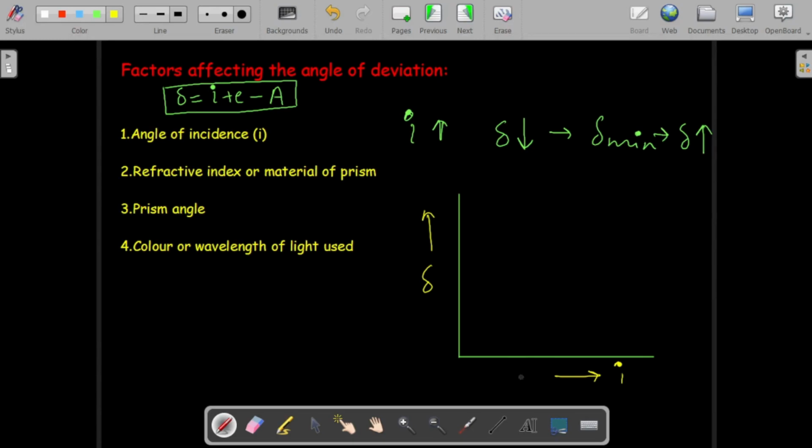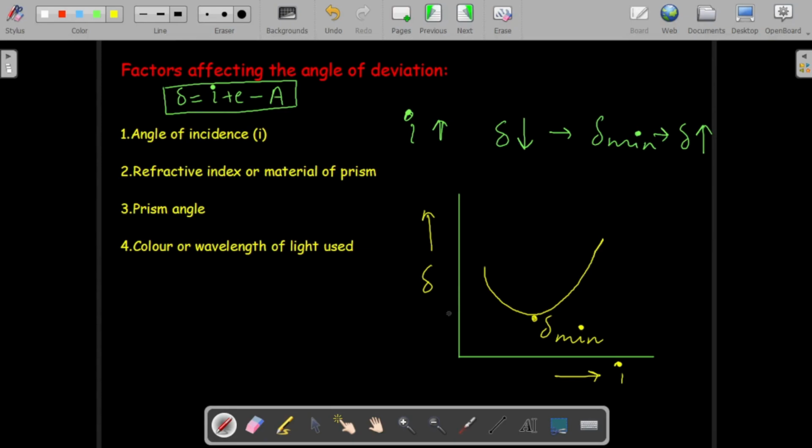If we start increasing I, the angle of deviation will vary something like this, and this is the point at which we will have the minimum angle of deviation. All of this graph has been plotted experimentally from the experimental data.